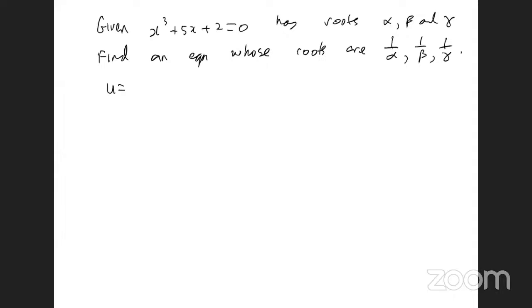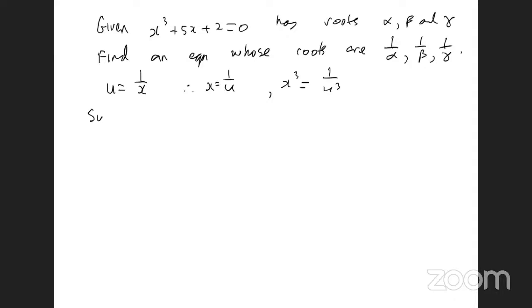U is equal to 1 on X. So therefore, X is equal to 1 on U, which also means that X cubed is equal to 1 on U cubed.